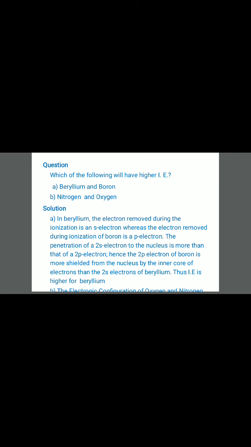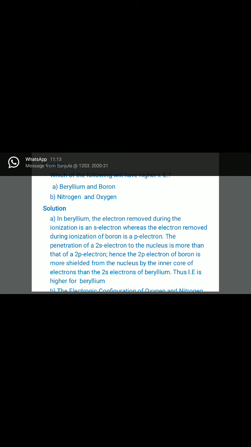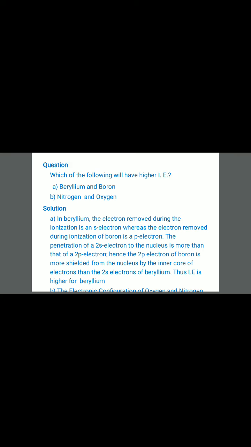In beryllium, the electron removed during ionization is an s electron, whereas the electron removed during ionization of boron is a p electron. The penetration of the 2s electron to the nucleus is more than that of the 2p electron.